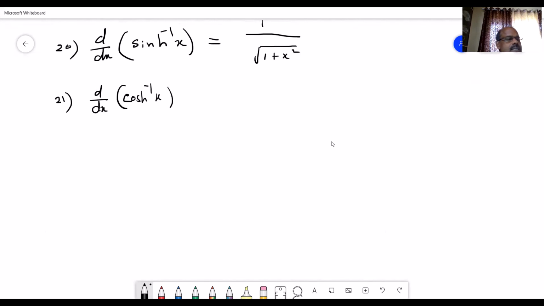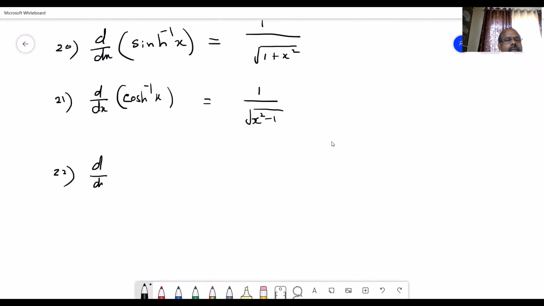We have to get 1 by square root of x square minus 1. In sine we got square root of 1 plus x square; here we got square root of x square minus 1. See, note that difference.